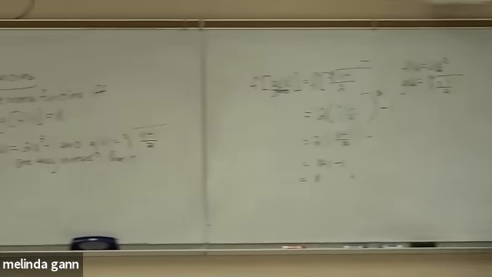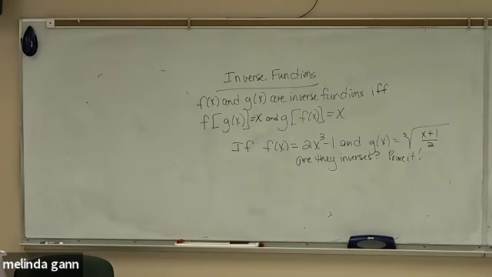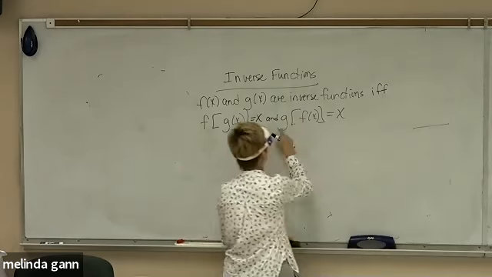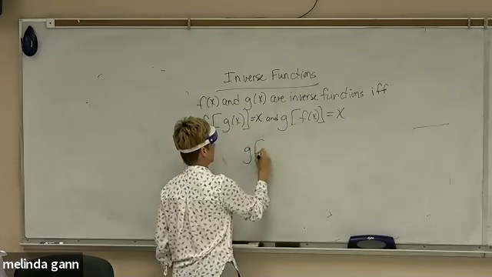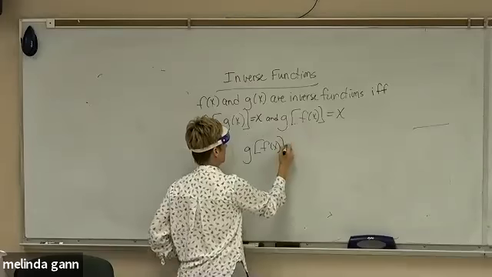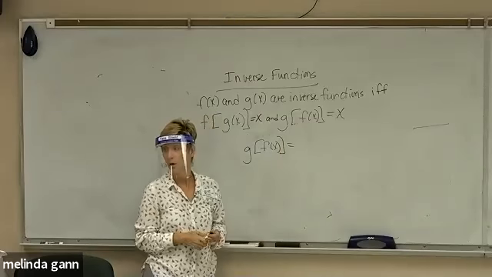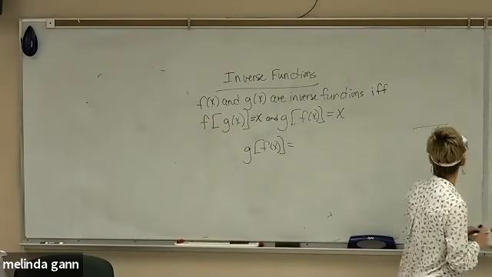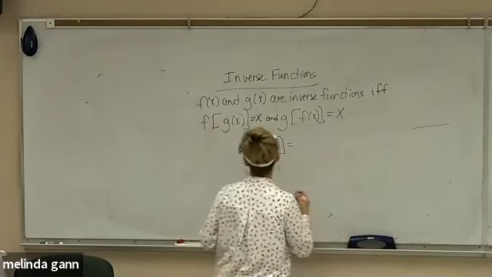Okay? So I've done F composed with G. Now I've got to do G composed with F. Well, what's my F of X? Wasn't it 2x cubed minus 1?